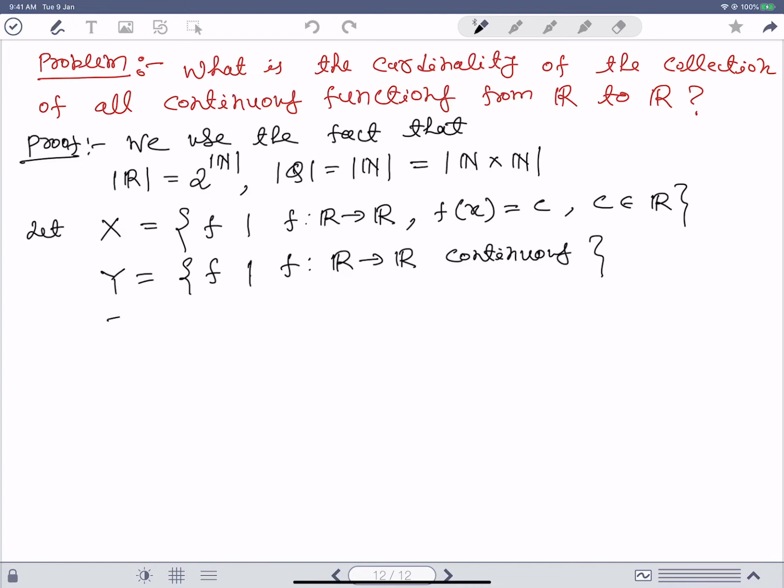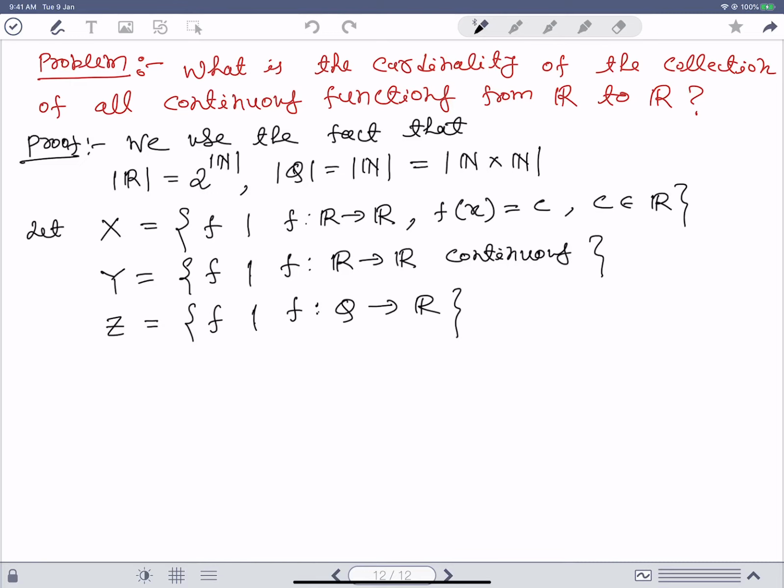And we denote another collection Z of functions f such that f is just a function from Q to R.